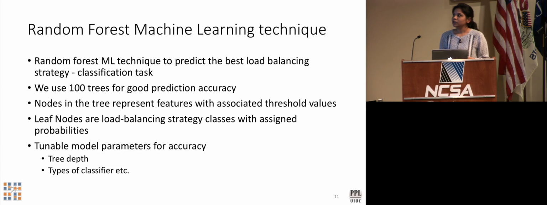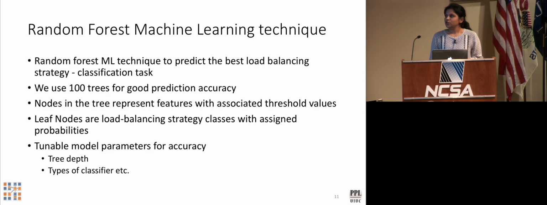So a little bit more about the random forest machine learning technique that we use. This is a classification task, but it's not like a decision tree. It's a forest of trees. We use 100 trees for good accuracy in prediction, but we can increase the number of trees. It might slow down classification a little bit, but it might provide more prediction accuracy as our training data set increases.